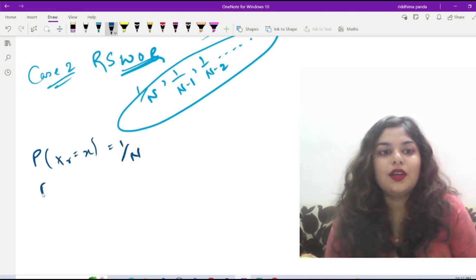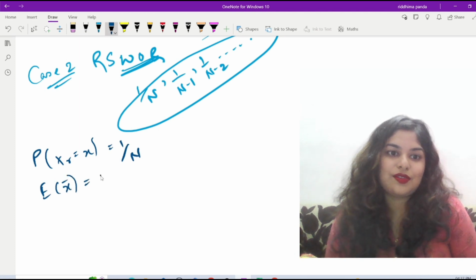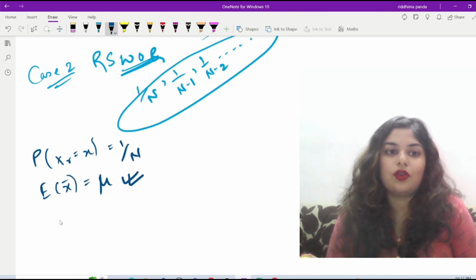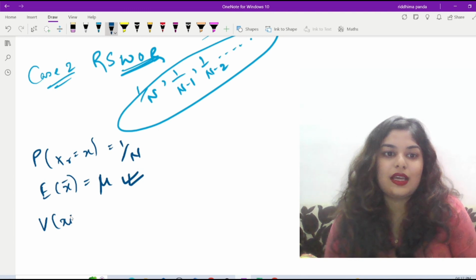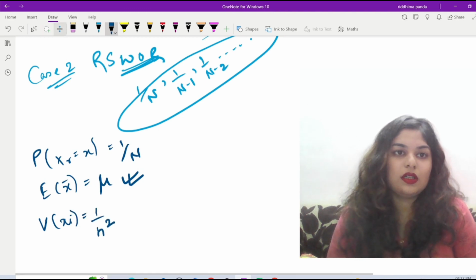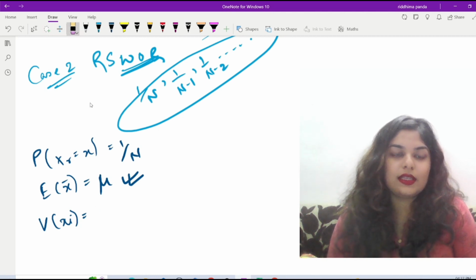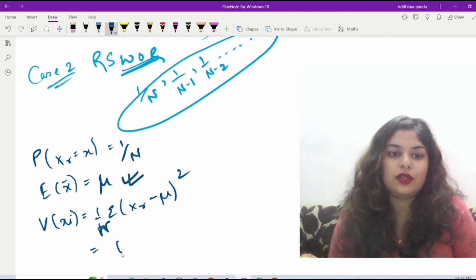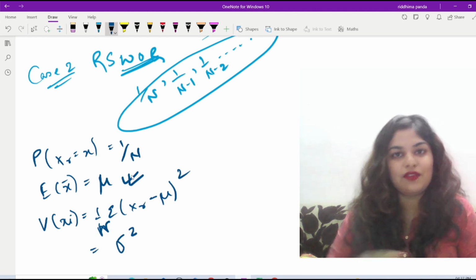So from here we will get E of x bar is equal to mu, the same as before, and V of xi is equal to 1 by n summation of xr minus mu whole square. After calculating we will get sigma square, just like we did in case 1.